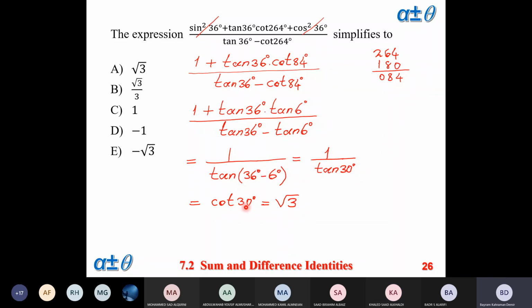That means cotangent of 30, which is root 3. Doctor, can I say directly it's cotangent 36 minus 6 directly? Well, if you like to memorize like this, yeah, you can do that, of course.